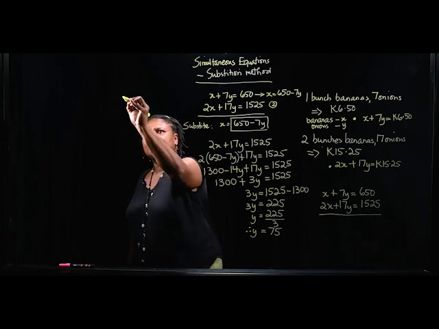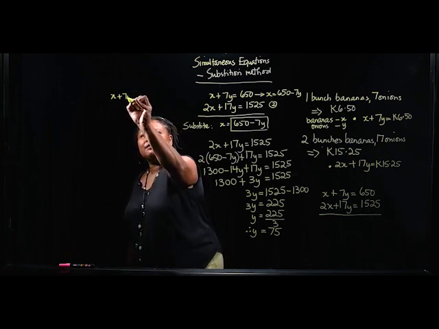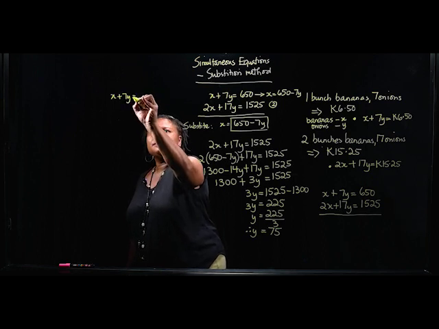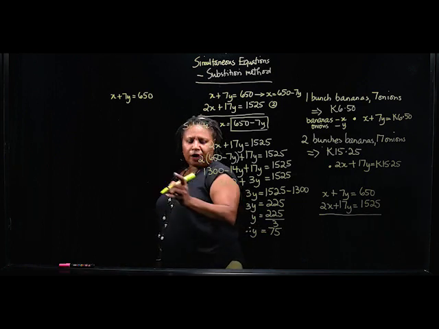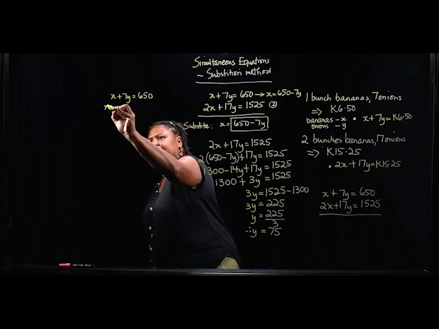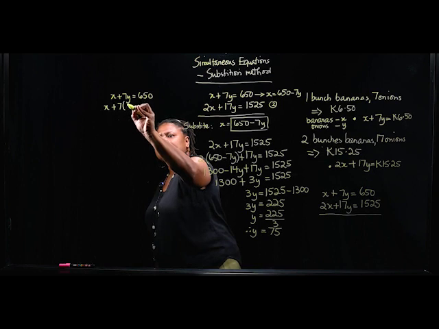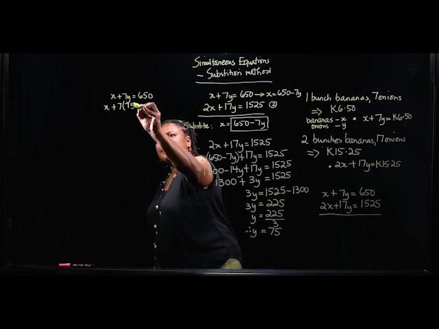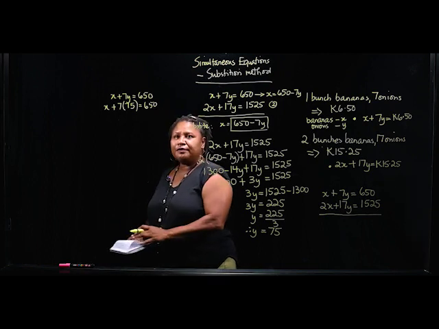Let's see, x plus 7y equal to 650. In place of y, I'm going to write 75. So x plus 7 times 75 equal to 650.